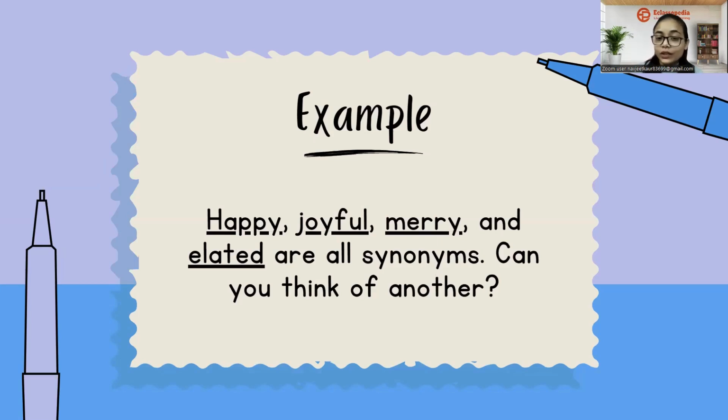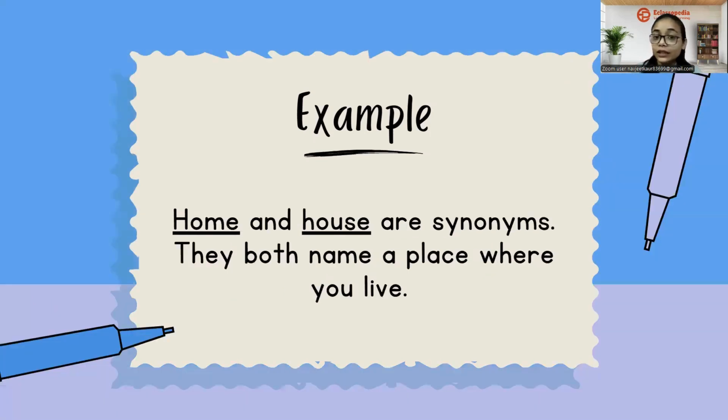And can you think of another instead of happy, joyful, merry, and elated? Yes, it can be delighted. So you can use delighted, happy, joyful, merry. And all these are the synonyms which have the same meaning. The same common meaning means happy. All right, now let's have another example. Home and house are synonyms.